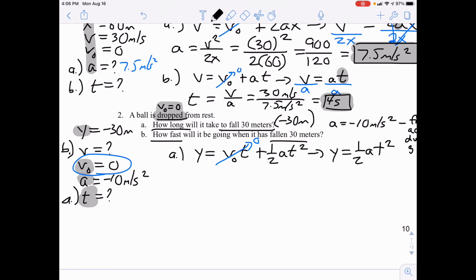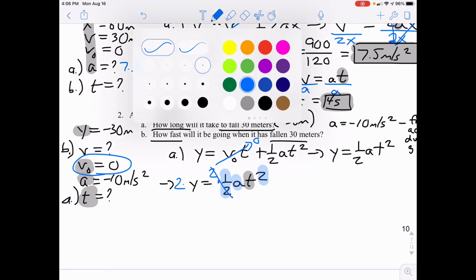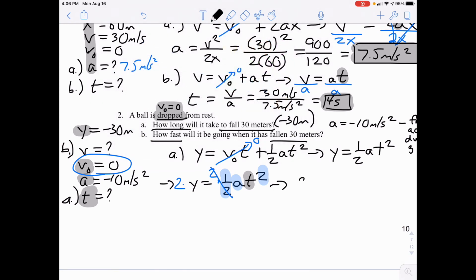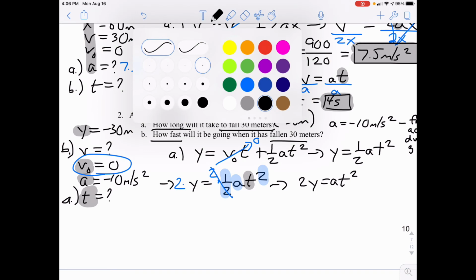Now, we're going to solve for t, but it's going to take us 3 steps to do it. So let me write it again. y equals 1/2 a t squared. In order to solve for t, you have to get rid of 3 things: the half, the a, and the squared. So for starters, I'm going to multiply by 2 so I can get rid of the half. If I do that and I rewrite this, I get 2y equals a times t squared.